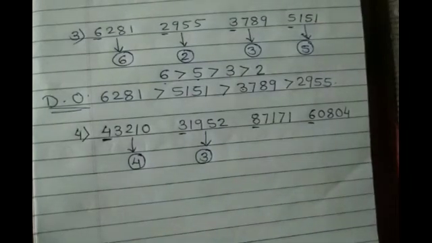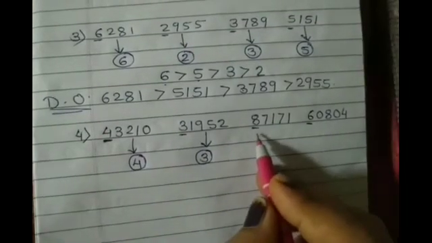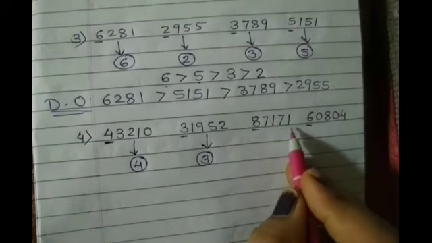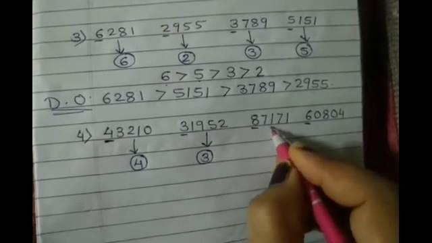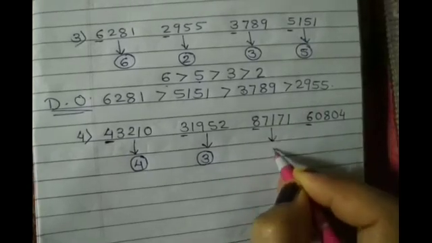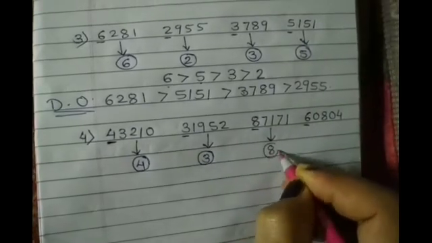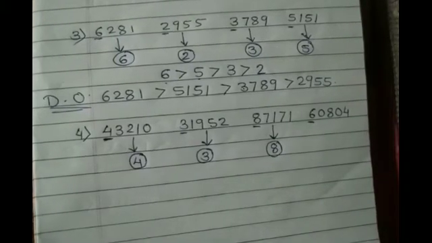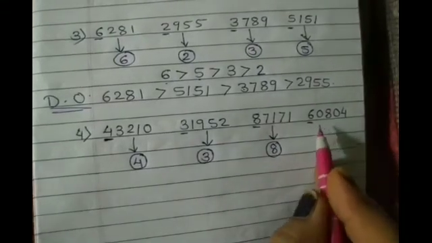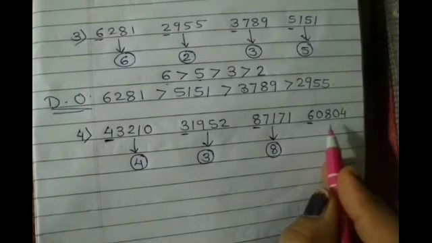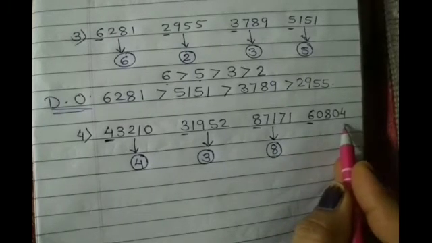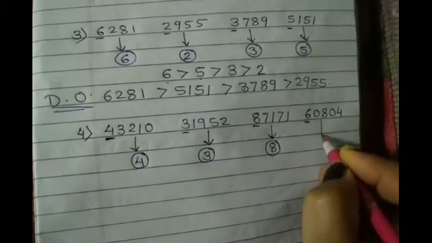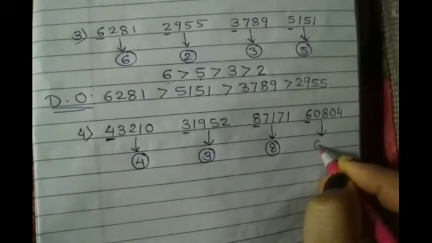Next to that we have 87,171. Here at the 10,000s place we have 8. Whereas the last number, 60,804, at the 10,000s place we have 6.